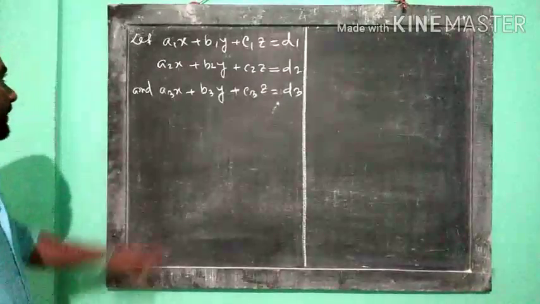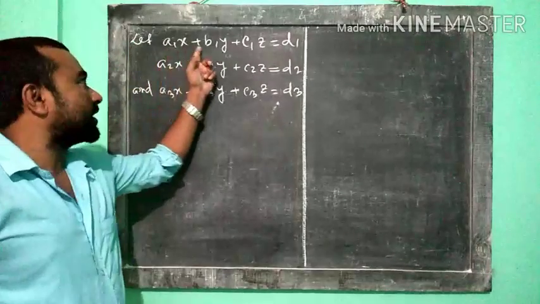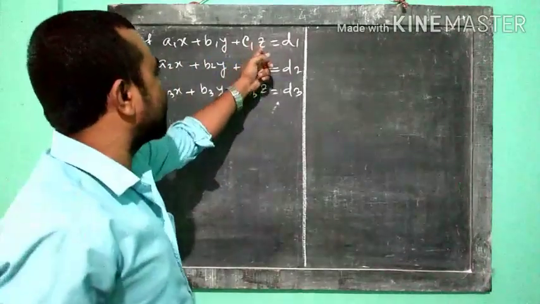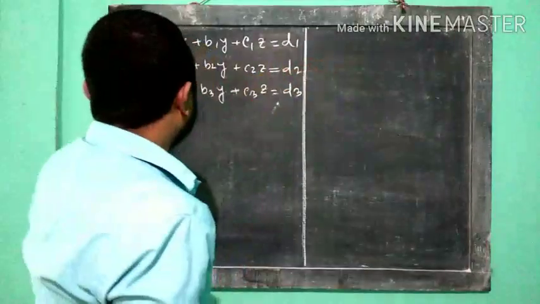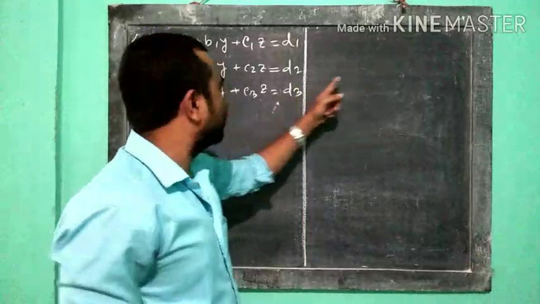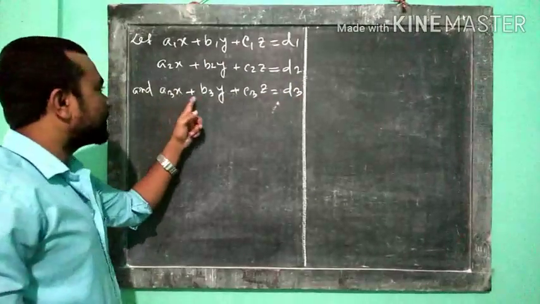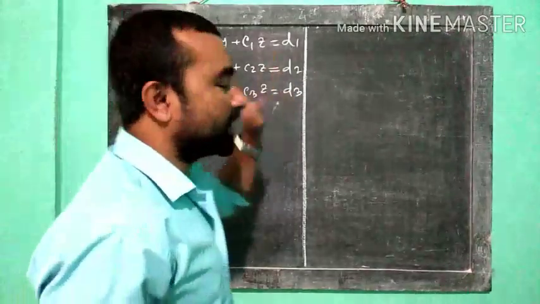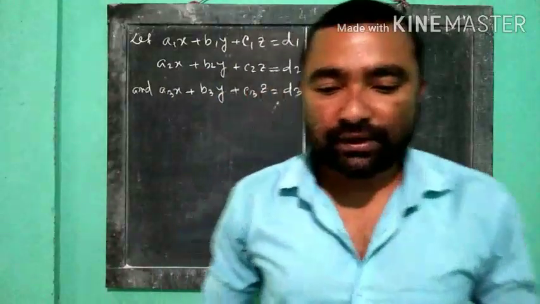We write here three equations: a1x plus b1y plus c1z equal to d1, a2x plus b2y plus c2z equal to d2, and a3x plus b3y plus c3z equal to d3.